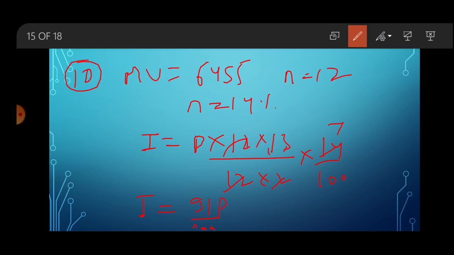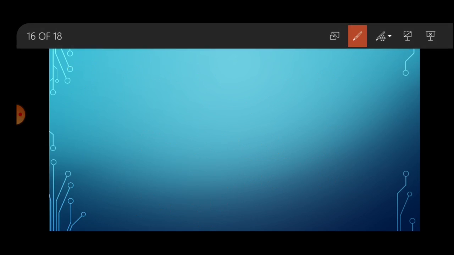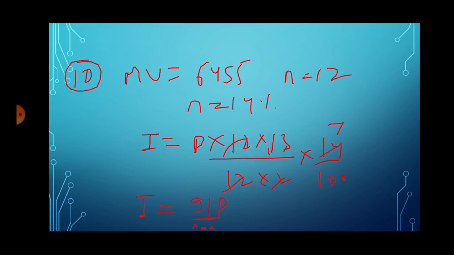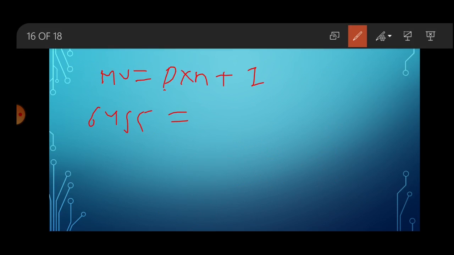So now MV is given by P into N plus I. So MV is equals to 6455. What is your P? P will remain P, because P is what we have to calculate.